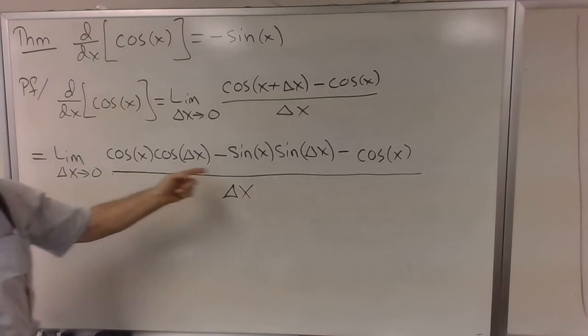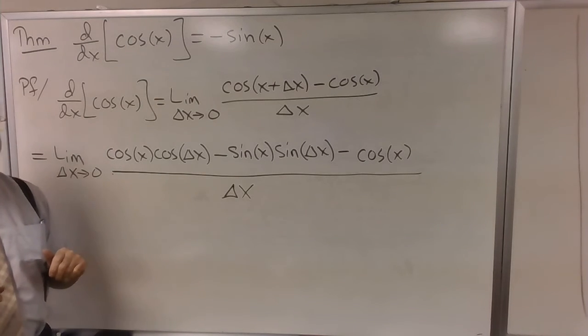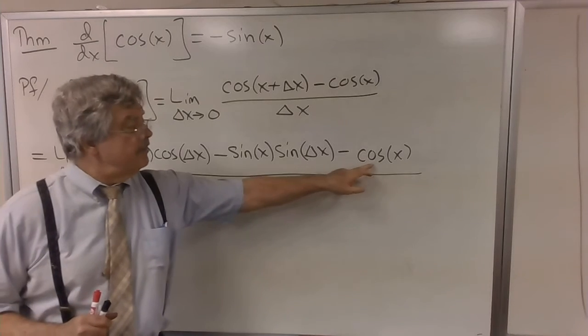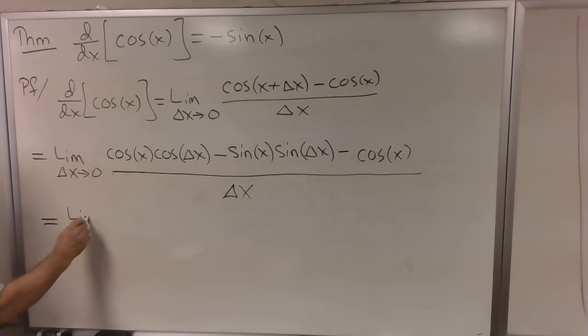I look in these three terms in the numerator for a common factor, and there is none. But the first term and the third term do have a common factor of cosine of x. So I am going to factor that out.